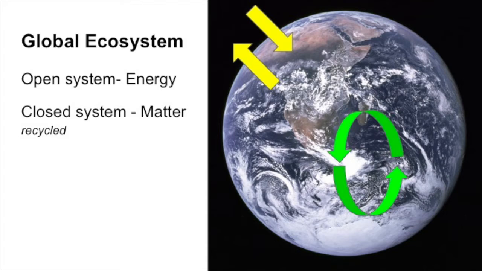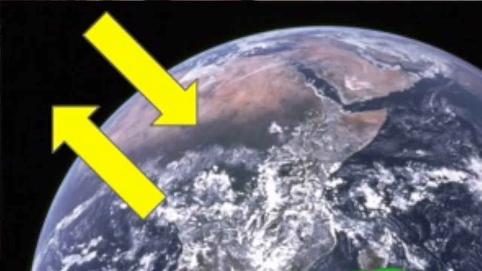And when we're talking about different components in this global ecosystem, this system is going to either be open or closed depending on what we're looking at. In terms of energy, our Earth is considered an open system.